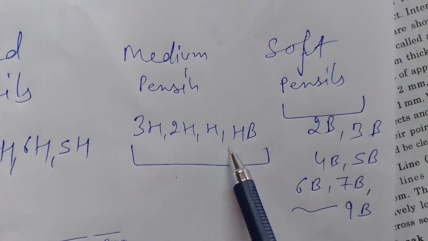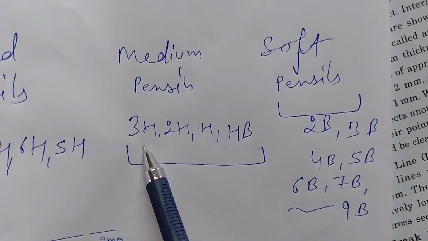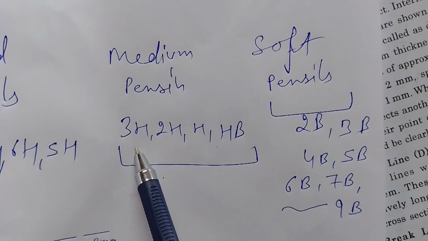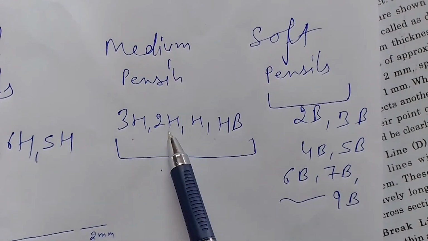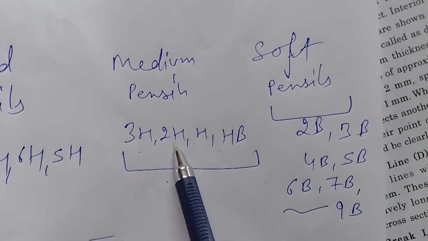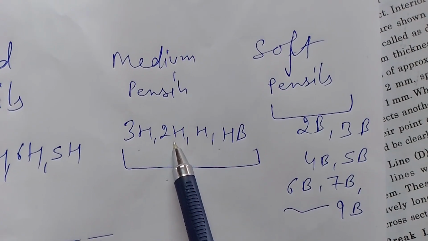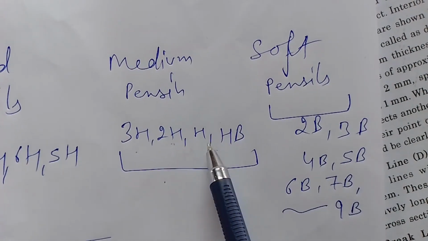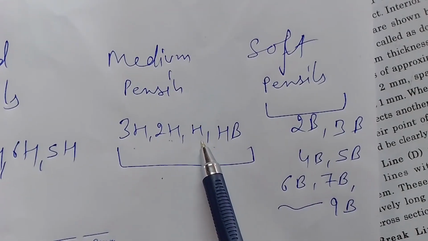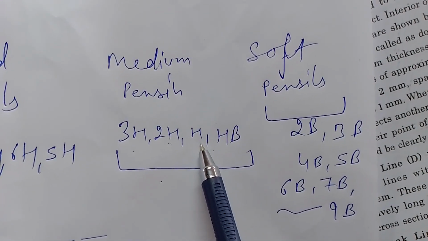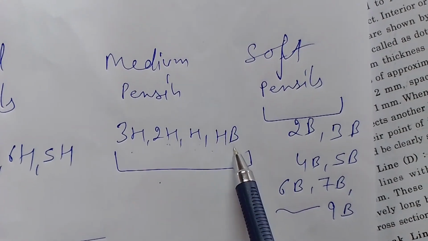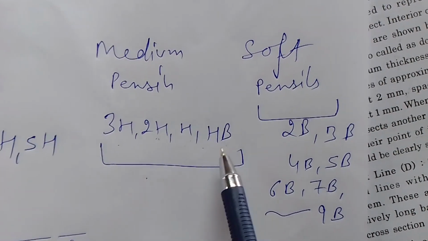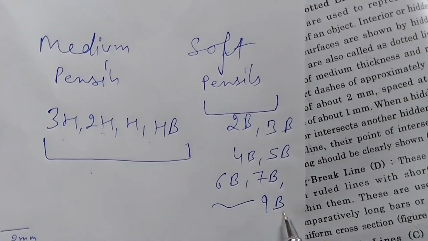The 3H pencil is used for light, thin lines like the dimension line and hatching line. The 2H pencil is for medium lines, like the center line and hidden lines. The H pencil is for letter writing and outlines. The soft pencils we do not use in engineering drawing.